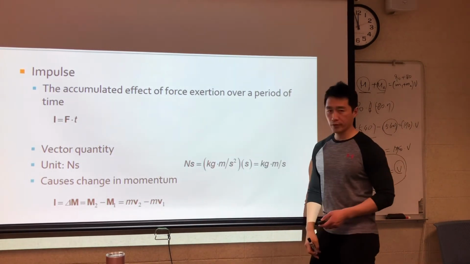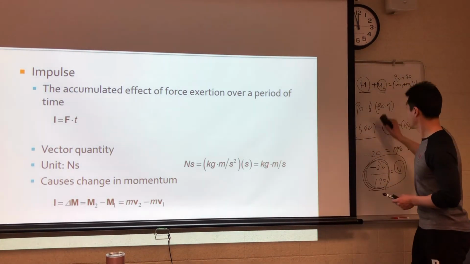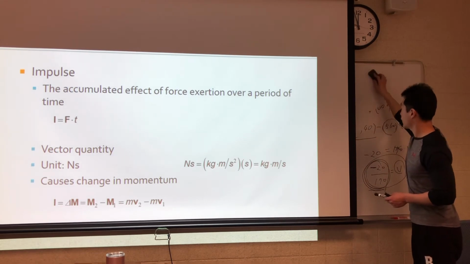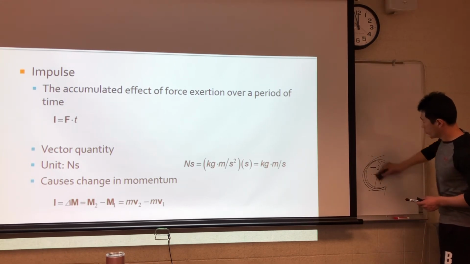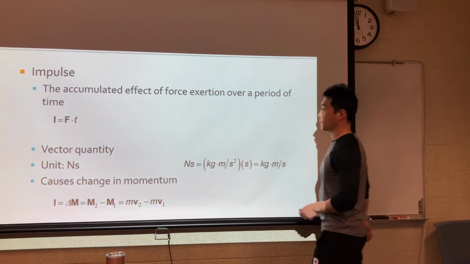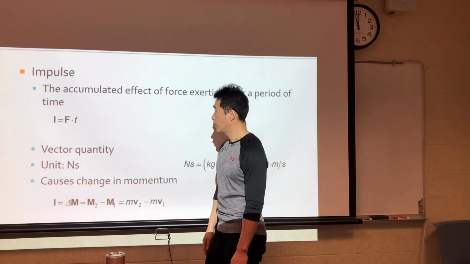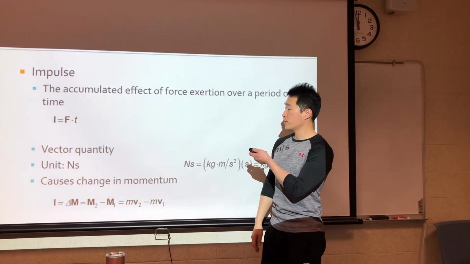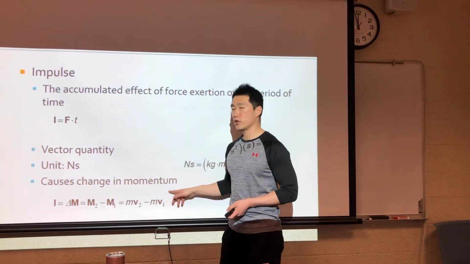This is also a vector quantity, like linear momentum, and the unit is Newton second. Why Newton second? Because the unit of force is Newton and the unit of time is the second. And what does impulse cause? A change in linear momentum.